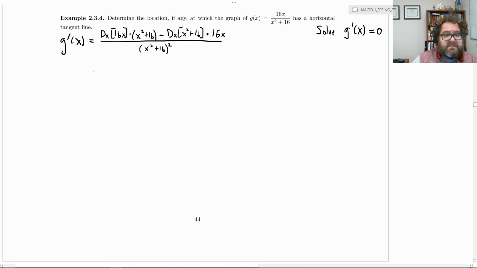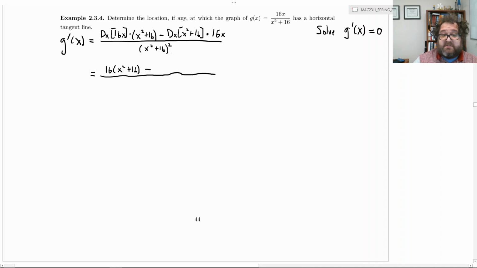Okay, all right. So now we're gonna take those individual derivatives. We're gonna need that fraction bar again. So the derivative of 16x is 16. 16 times the existing x squared plus 16, minus, okay, the derivative of x squared is 2x.